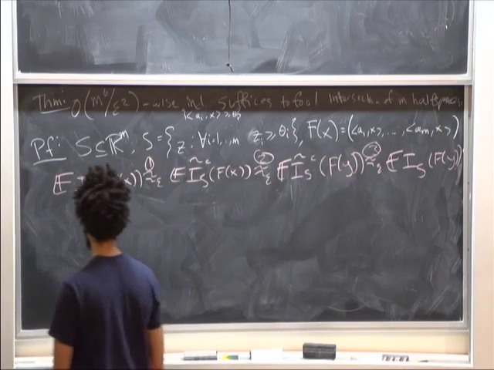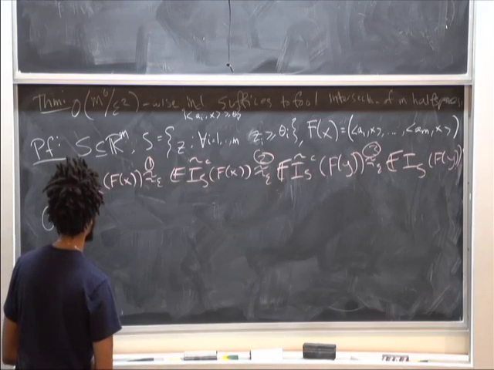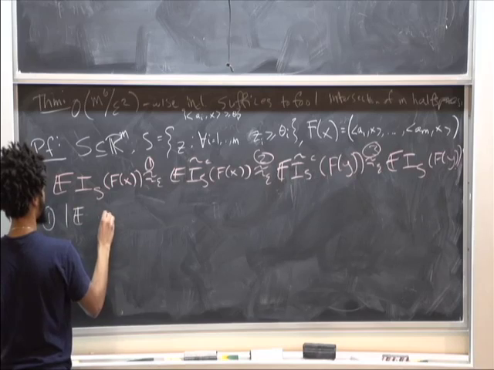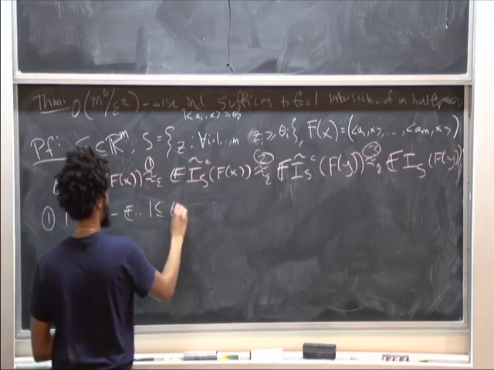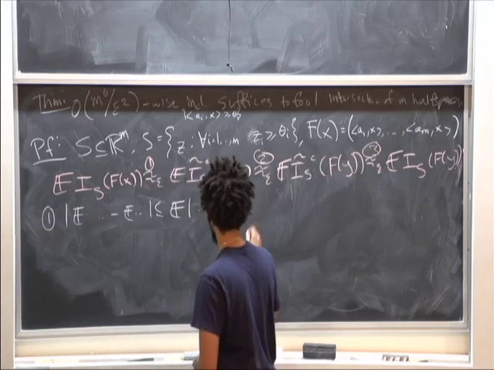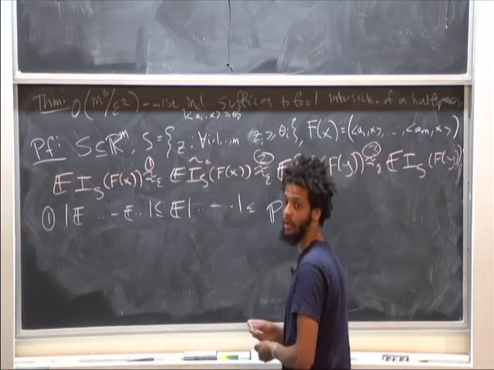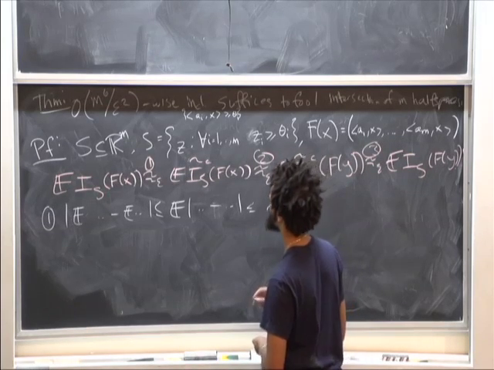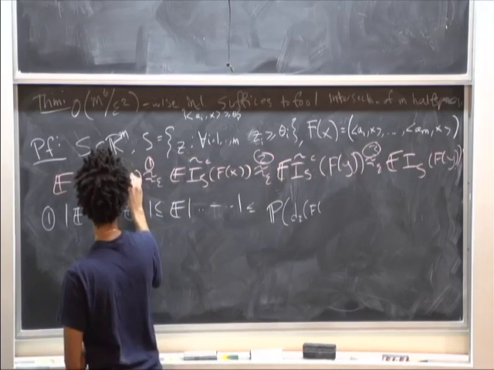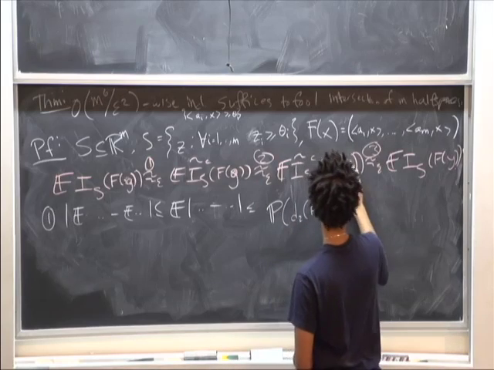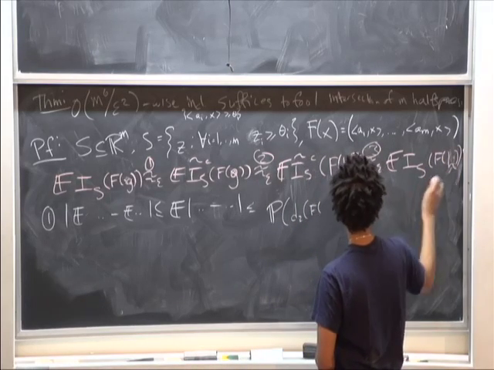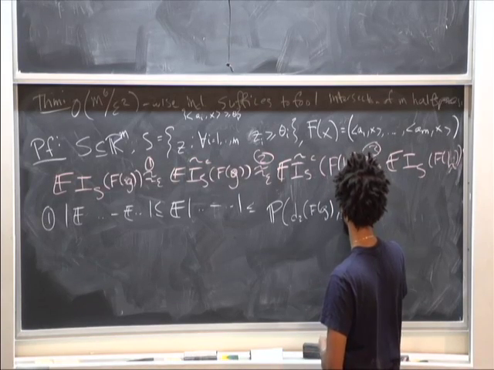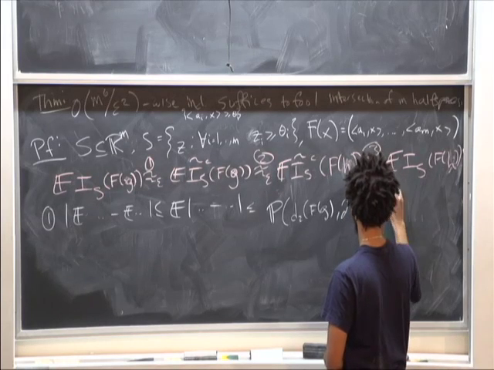Okay, so let me prove some inequalities. Again, I'm going to show that the difference of the expectations is at most the expectation of the difference, which is at most the probability that the distance of f of g, this should really say g, and let me call the k-wise independent version h, f of g to the boundary is less than rho times 1.